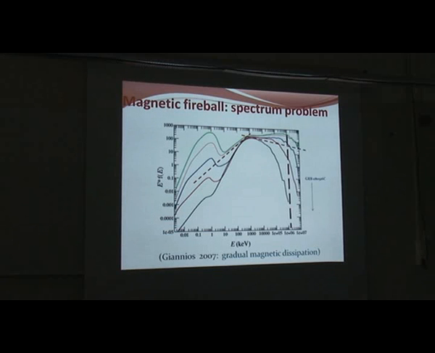Okay, why do I say there should be a spectral problem? Yeah, the prompt emission of a magnetic fireball has been calculated by Giannios and his colleagues. Now I'm showing you their results in the case of radiative magnetic dissipation.